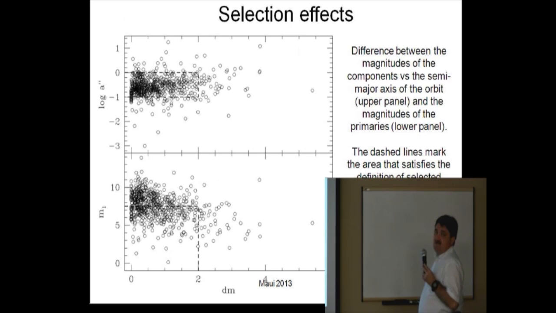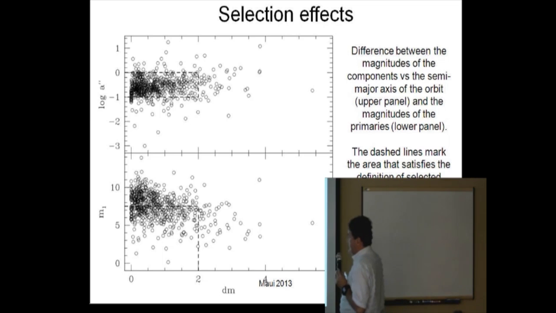Then we try to correct our sample for selection effects. We consider magnitude difference between components, brightness of the first component, and distance, and semi-major axis of a binary. We think that our set is incomplete out of this area.